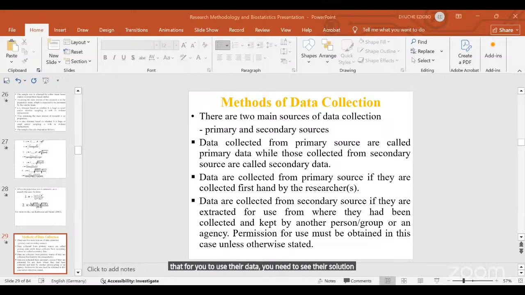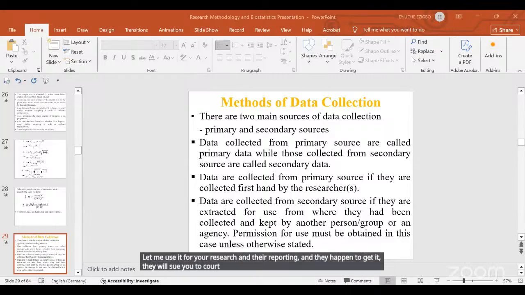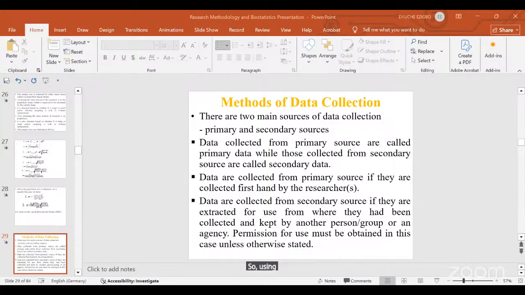If you go ahead to use it without their permission, and the agency has stated that the data is restricted, and you use it for your research and report it, and they happen to get it, they will sue you to court for using their data set without their permission. And of course, it is a very serious academic fraud to use someone's material without permission.